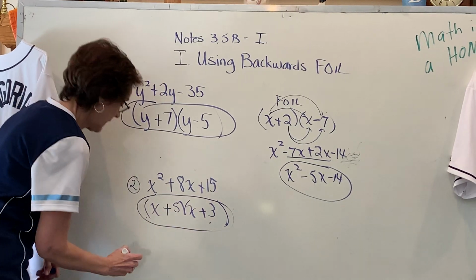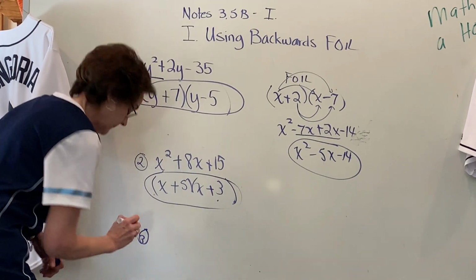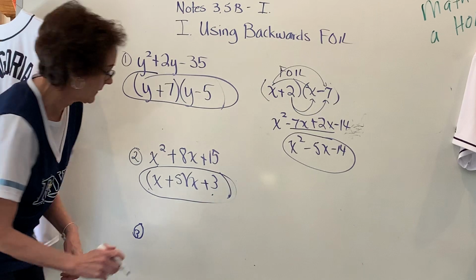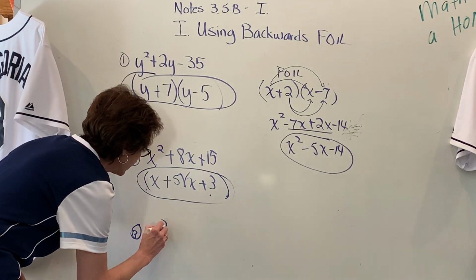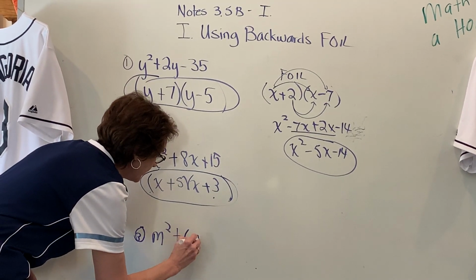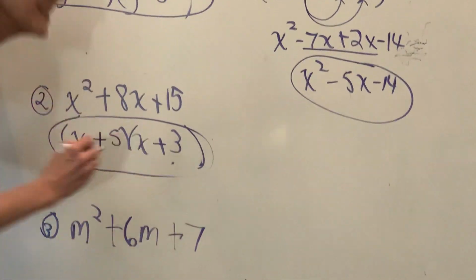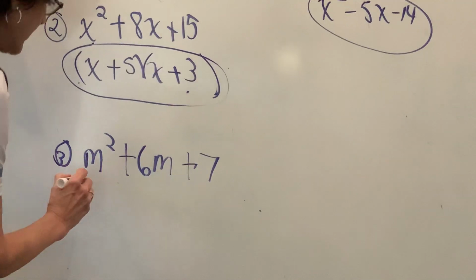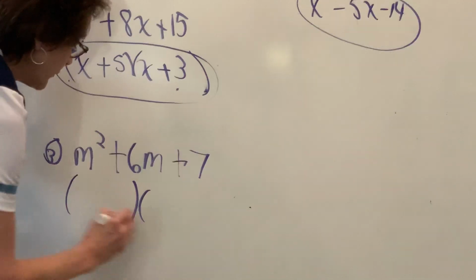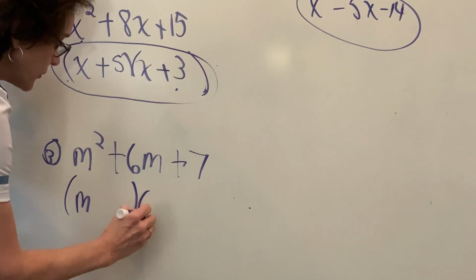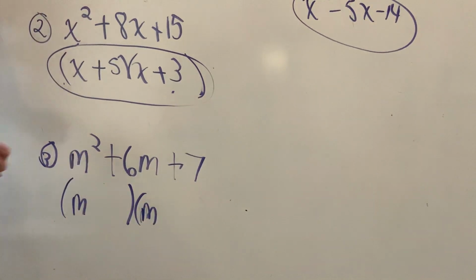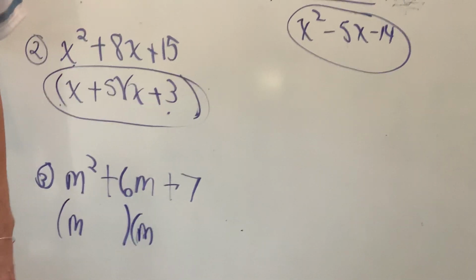Okay? All right, let's try another one. Number 3. M squared plus 6m plus 7. All right, here we go. So what first term times what first term is m squared? Obviously, m times m is m squared.